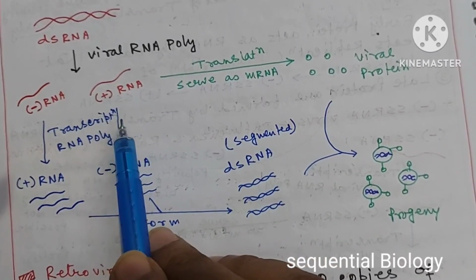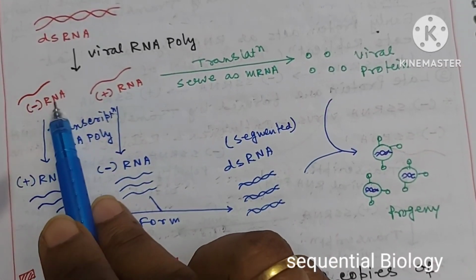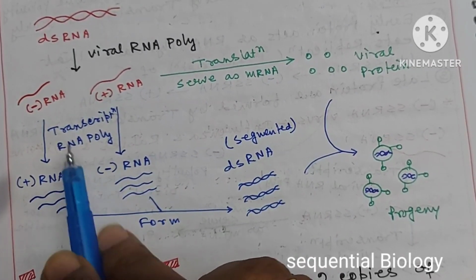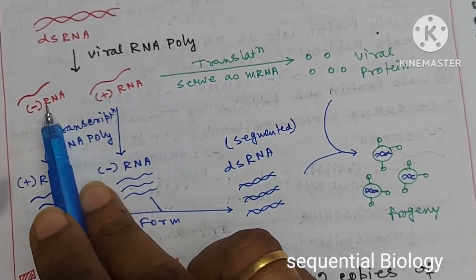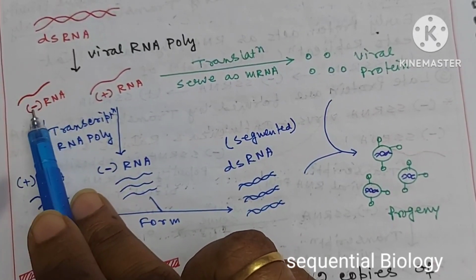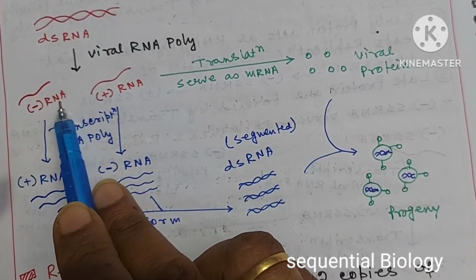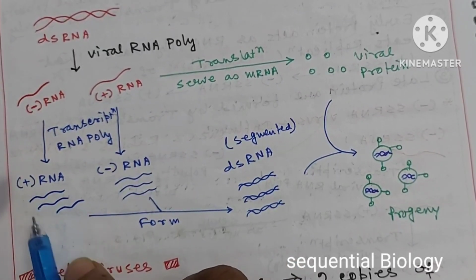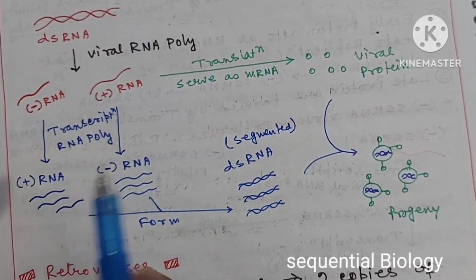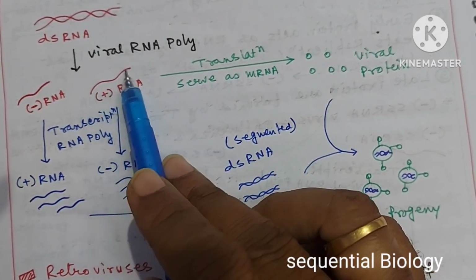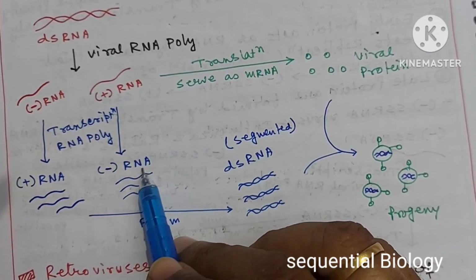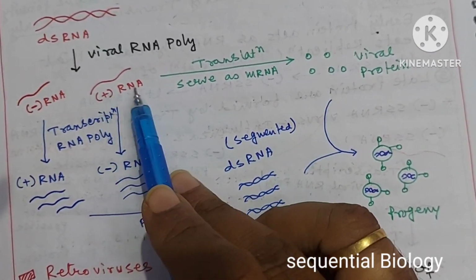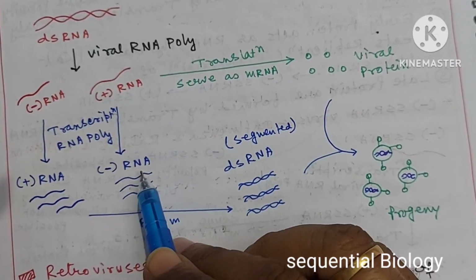Transcription is the process by which RNA is synthesized, and this minus RNA, by transcription, will produce the plus RNA, because the transcription product is always complementary to its template. Since this minus RNA is the template, it will synthesize plus RNA. Many plus RNAs are synthesized by this process, and these plus RNAs serve as templates, so many minus RNAs are synthesized from them.